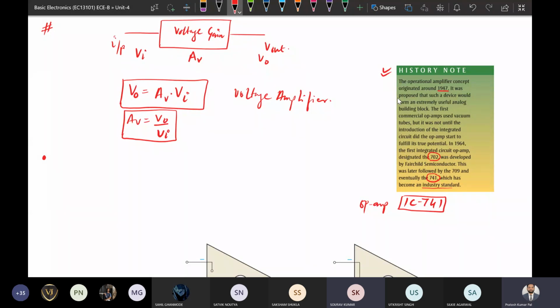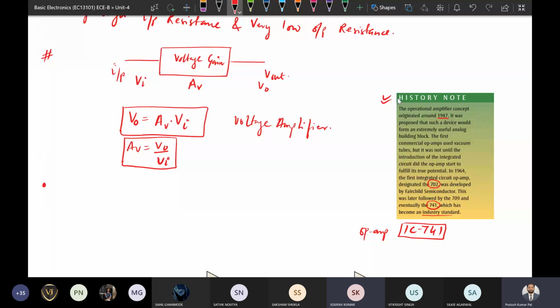So in a voltage amplifier, the output voltage is controlled by the input voltage. It is nothing but a voltage controlled voltage source. So this operational amplifier is a voltage controlled voltage source type of device.